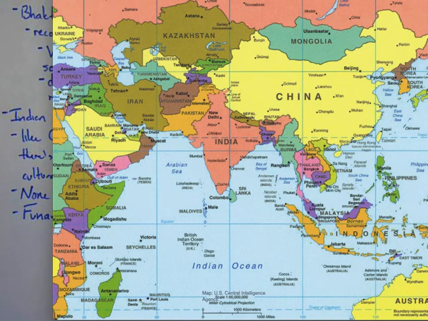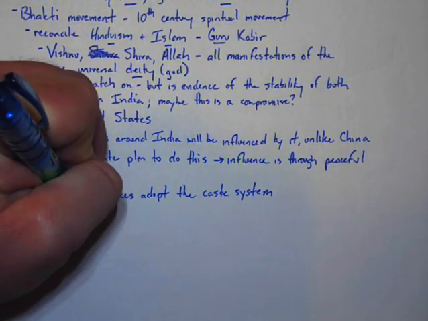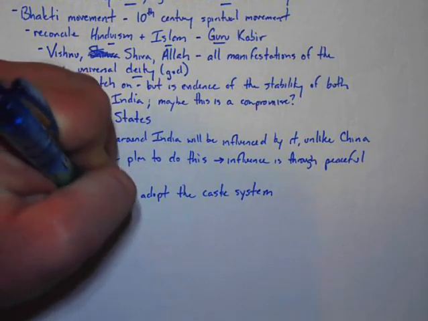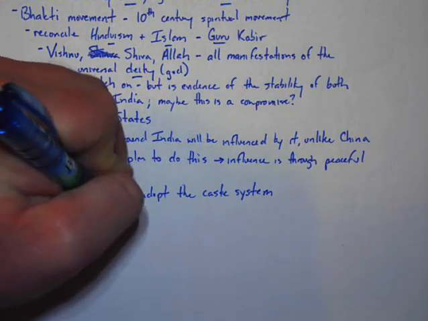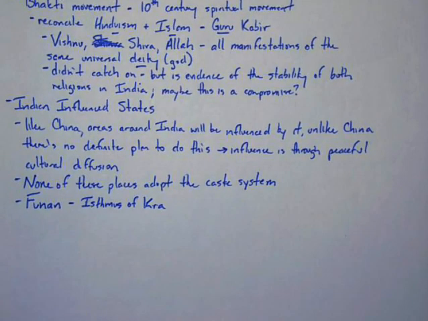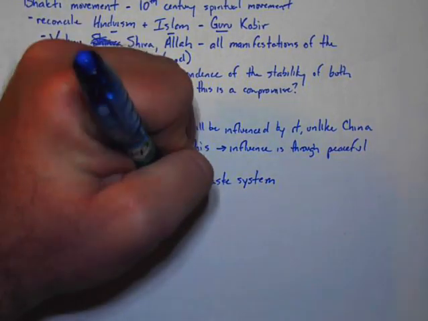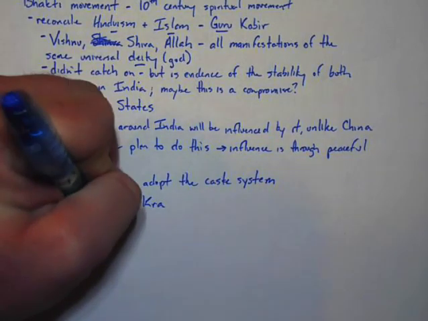And I'll write that down here in a second for you. So Funan had this thing called the Isthmus of Kra, or maybe the Isthmus of Kray. I believe these guys were Hindu.